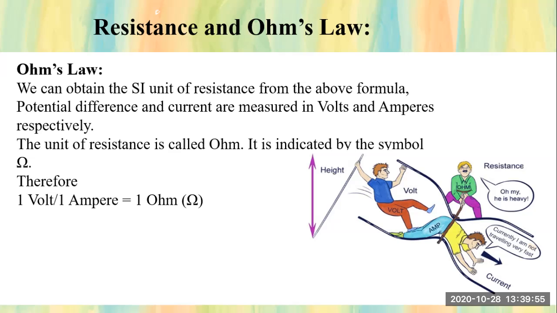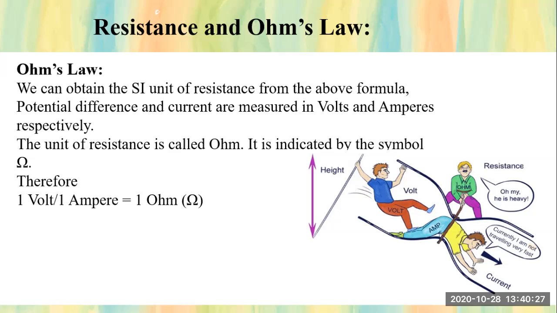So to show the higher potential we have taken a height, and the slope goes to the lower potential. And the man wearing a yellow t-shirt and light pant is termed as current, ampere. This current wants to flow through that conducting wire.